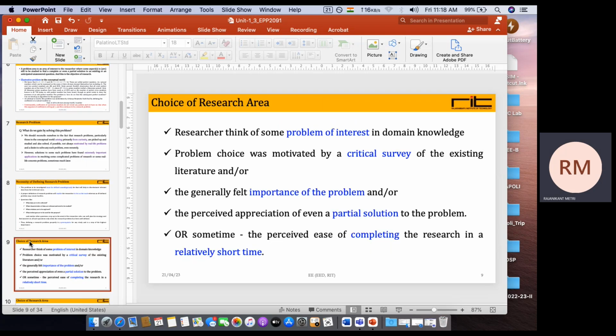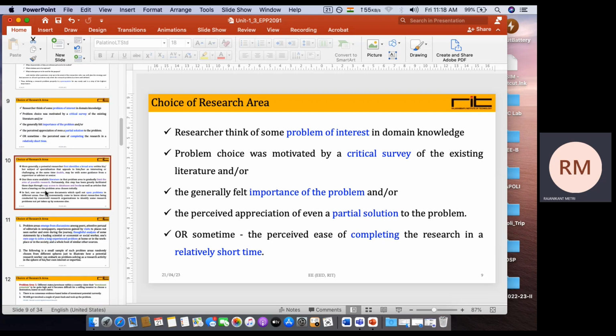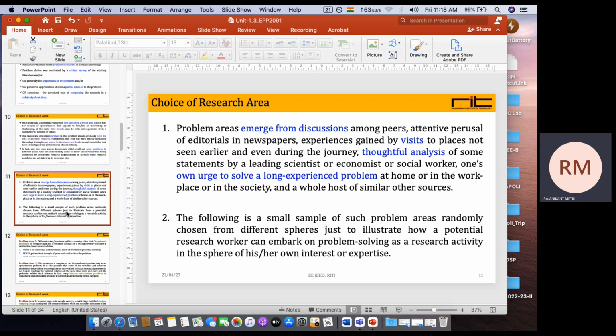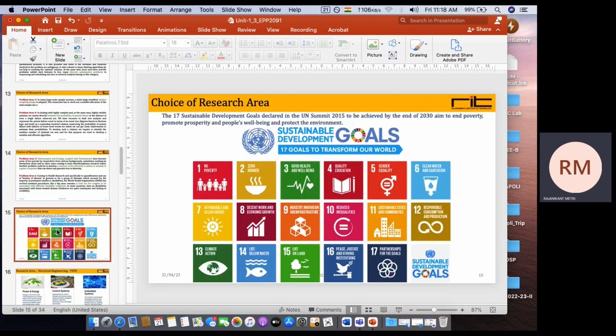And then afterwards we saw the choice of research areas. Initially we discussed the general areas of research from a broader perspective, and with respect to the 17 SDGs, what kind of problems can be identified was also seen, like clean energy, no poverty, gender equality, quality education, clean water and sanitation, climate action, industry and innovation.